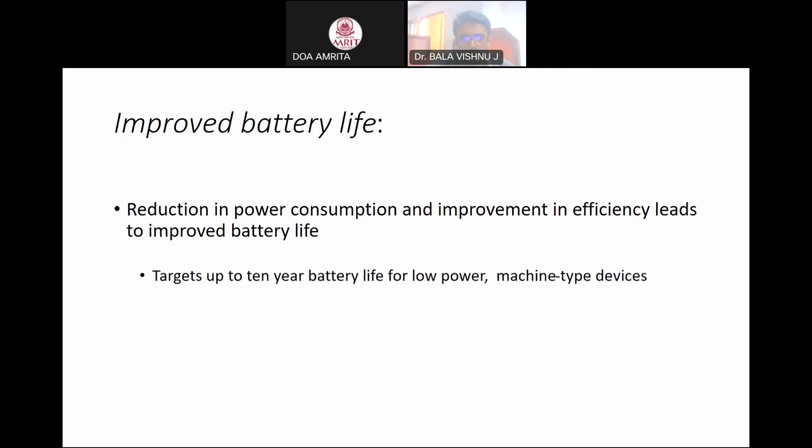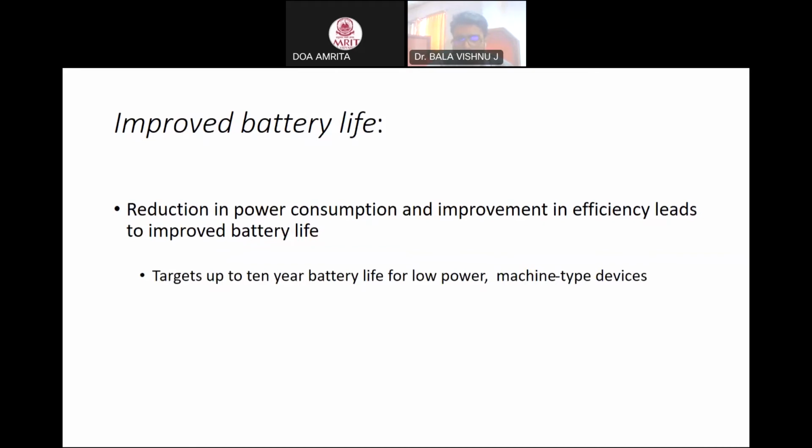And coming to battery life, existing mobile communications and mobile sensors are battery operated. In order to improve the lifetime of the battery, or to limit the charging to once a day, we need to improve battery lifetime in fifth generation mobile communications.